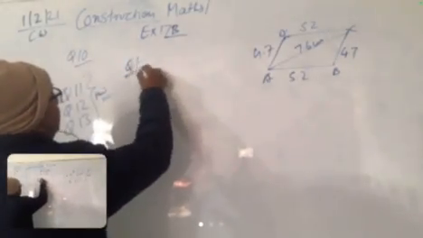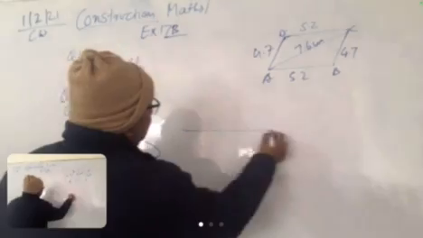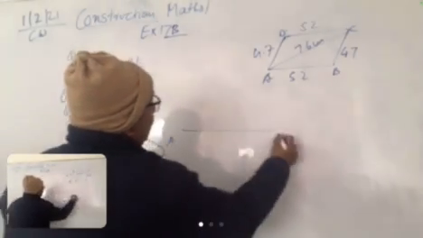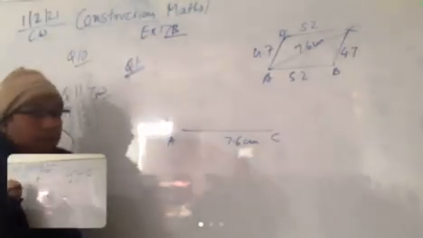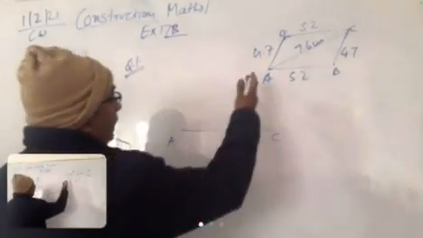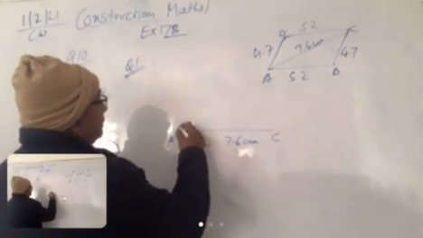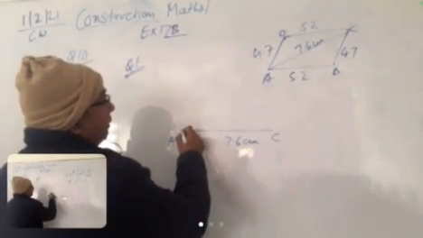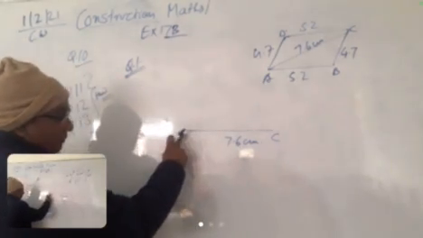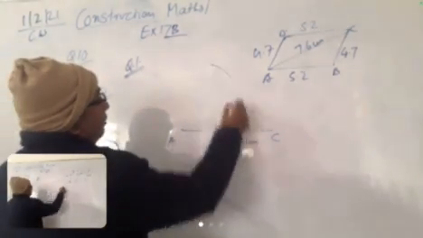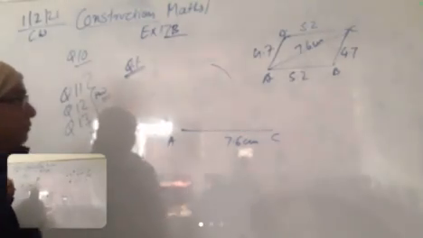And now the question number 1, what do you have to do? First you draw the diagonal AC, which is equal to 7.6 centimeter. Clear? Now take a radius of 4.7. Put the compass at A and mark 4.7, like this.